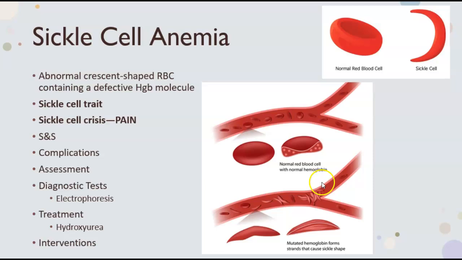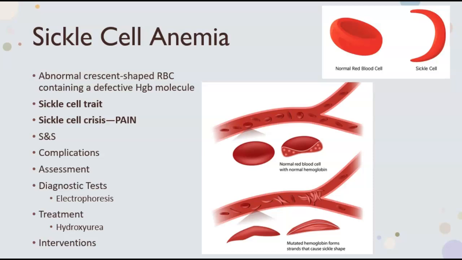And then that will decrease blood flow distally past this clot, and that's going to cause your pain. So the occlusion leads to ischemia, and the ischemia and tissue hypoxia cause the pain.